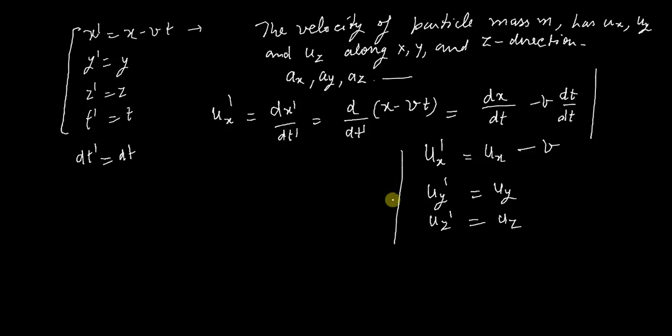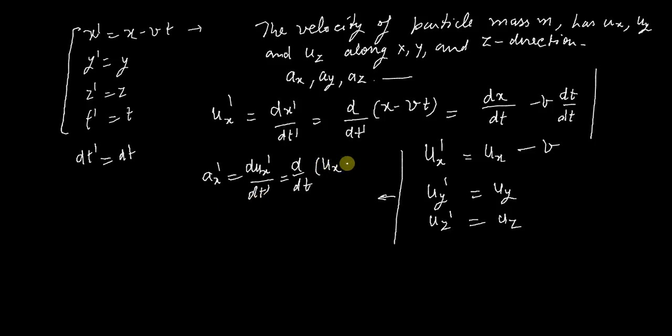Further, with the help of this equation, you can find out the acceleration of that particle. ax prime is equal to dux prime upon dt prime, that means d upon dt of ux minus v, since dt prime is equal to dt.